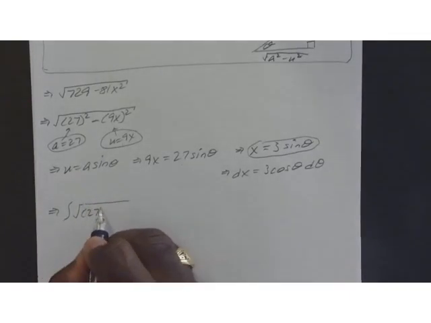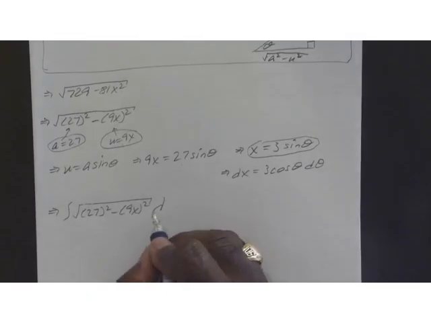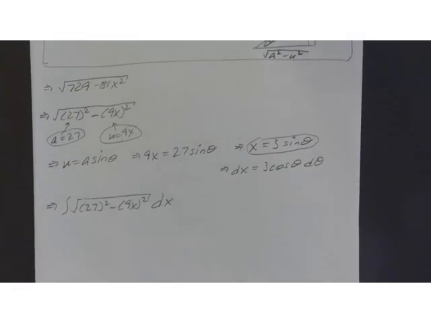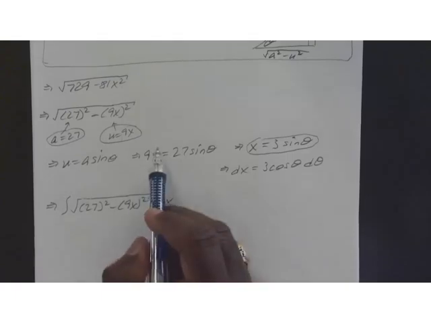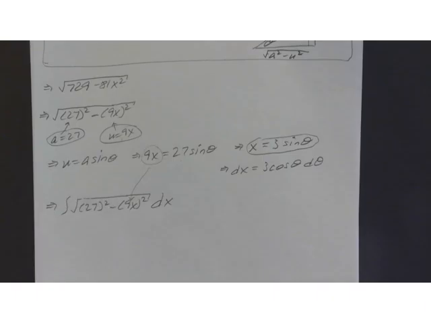So I'll say 27 squared minus 9x squared with respect to x. Well, that 9x, we can replace with 27 times sine of theta.